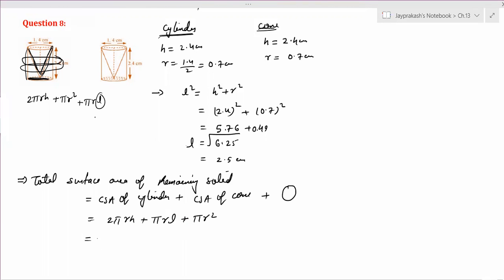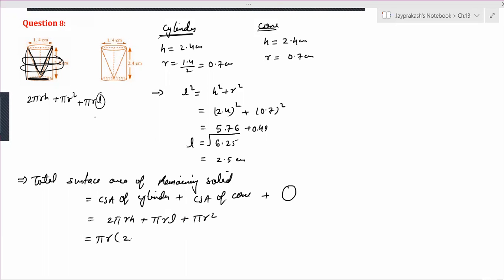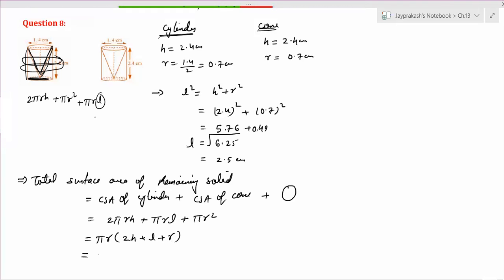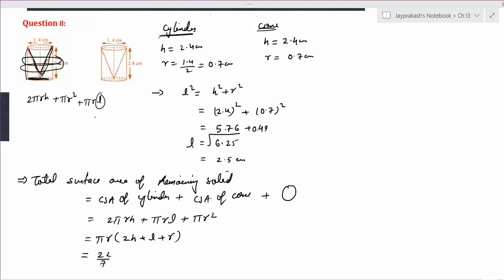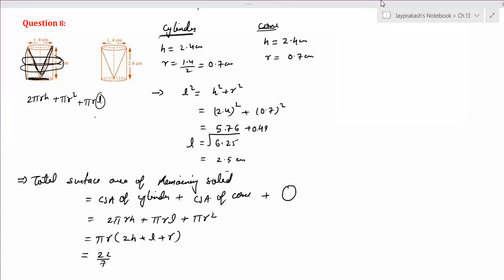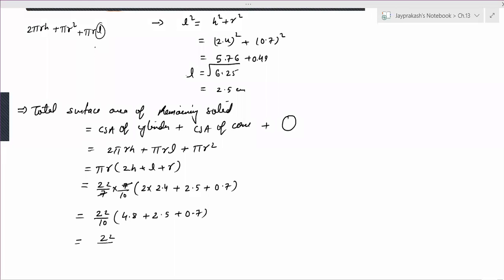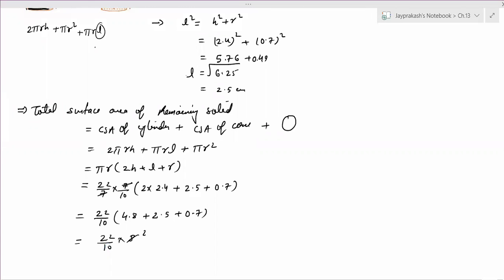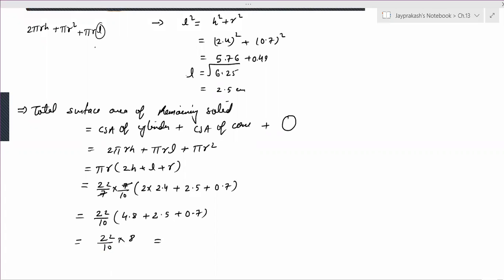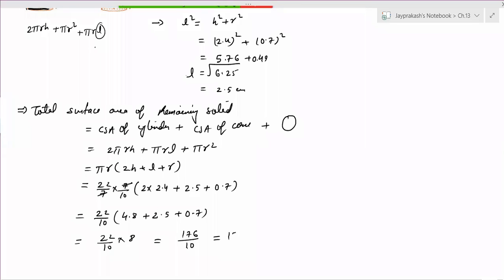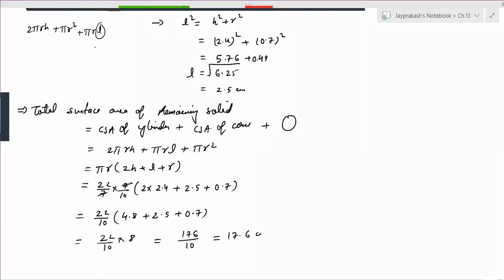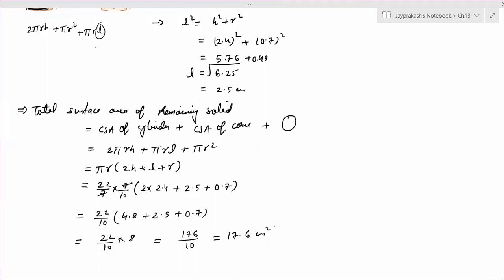So we can simply take pi r common. So it is 22 by 10 into 8. 22 and 8, we are not going to cut it. 16, 1 carry, 176 by 10. So sir, it is 2.2 into 8 into 176, so it is 17.6 centimeter square.